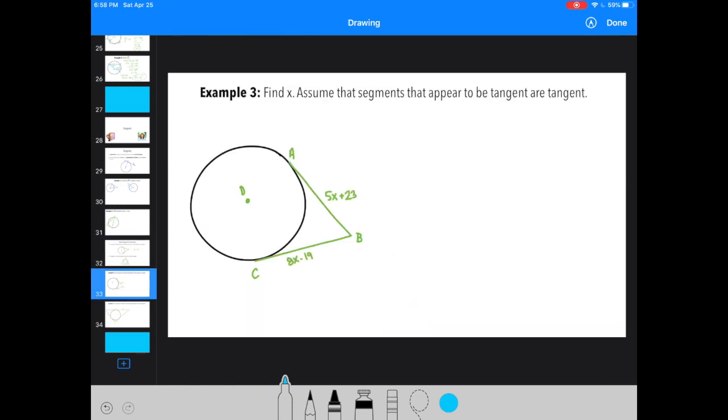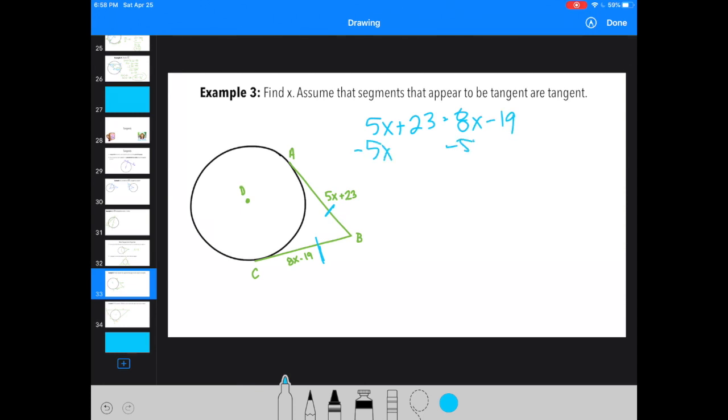So right here, example 3, find X. Assume that the segments appear to be tangent. All right, I have both of those tangents connecting at an external point. Therefore, they're going to be congruent. So I can take 5x plus 23 equal to 8x minus 19.